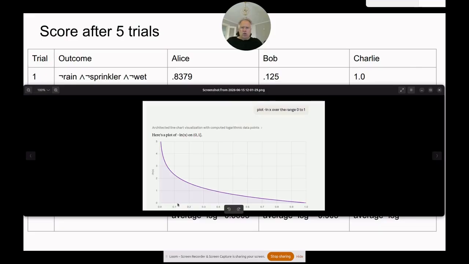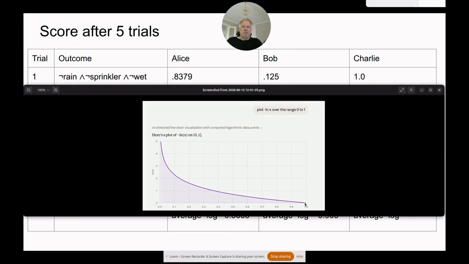This is a natural log. So he's going to get a score, and we want to minimize the score. A high score is bad. He's going to get a score of 2 something. What's Alice going to get? She's going to get a pretty small score here, right? Because she's going to wind up around there. But Charlie is going to get a score of 0, right?